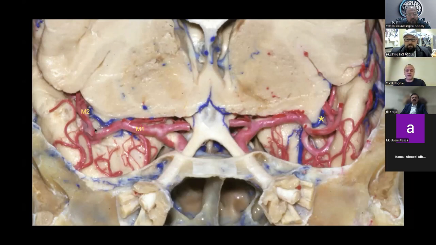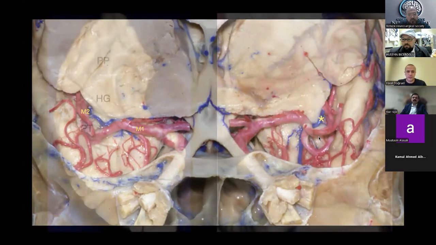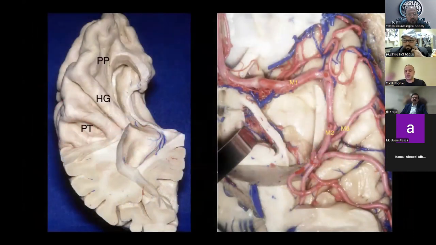Then around the structure we call the limen insulae, it bifurcates and gives the M2 branches. Also, this cadaveric specimen is really good. We can see the middle cerebral vein, also known as the deep Sylvian vein. These structures are important during dissection and opening of the Sylvian fissure.